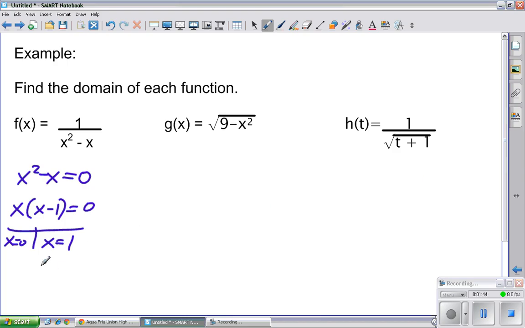So as an interval, this domain would be negative infinity to 0 first, union, then from 0 to 1, union, and then it picks up at 1 and goes to infinity.